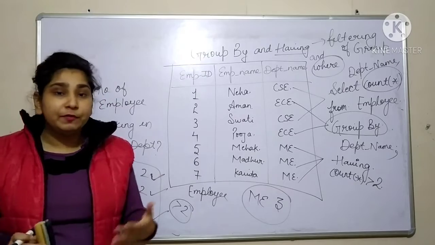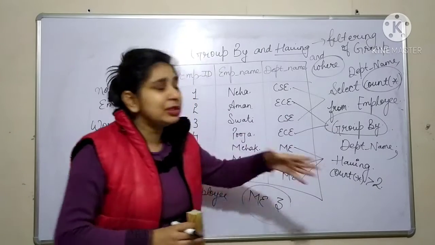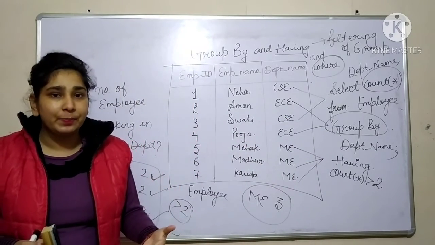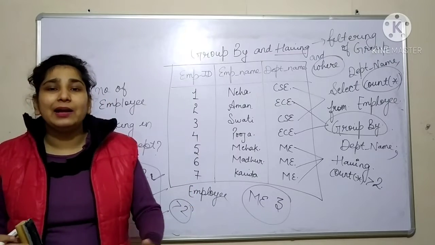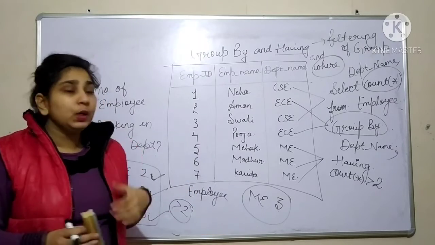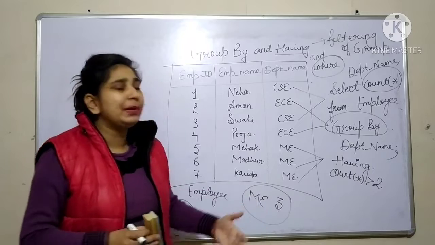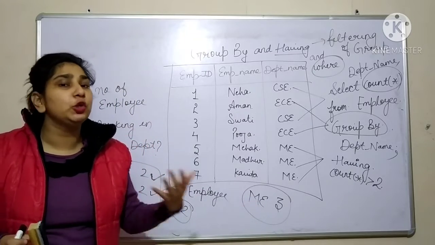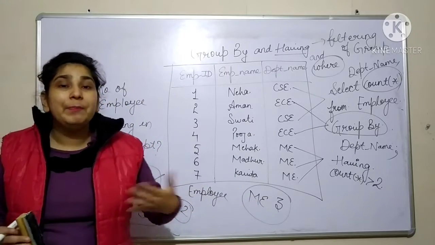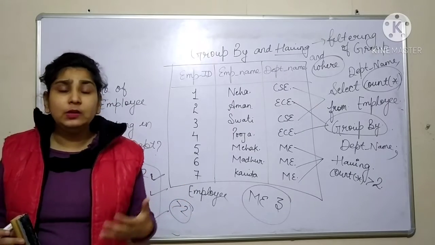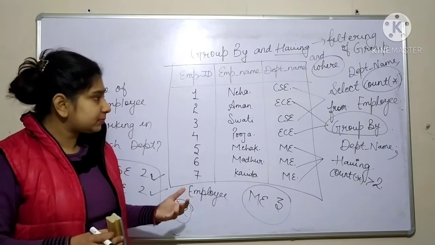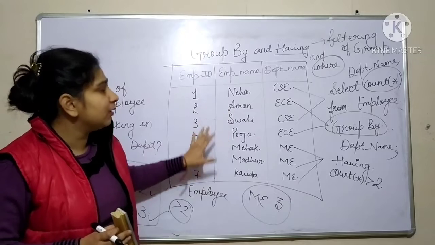Okay, so if you look at these queries, they look simple to us. These queries are like an abstraction. We find them very simple to use and very simple to learn. But in the backend there is a lot of coding, a lot of processing on the relations.